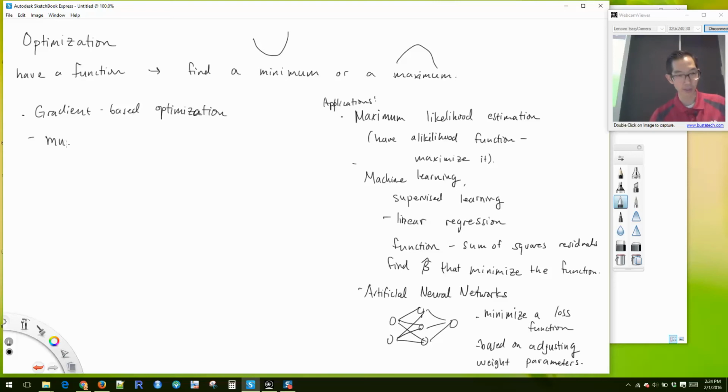Let me write this: the multivariate generalization of finding local minima/maxima based on derivatives.